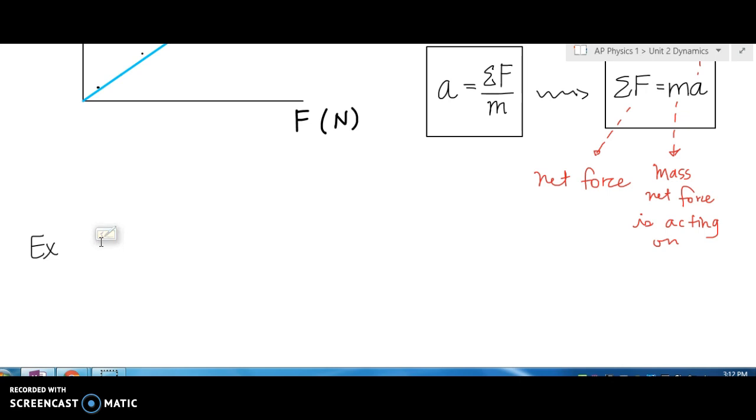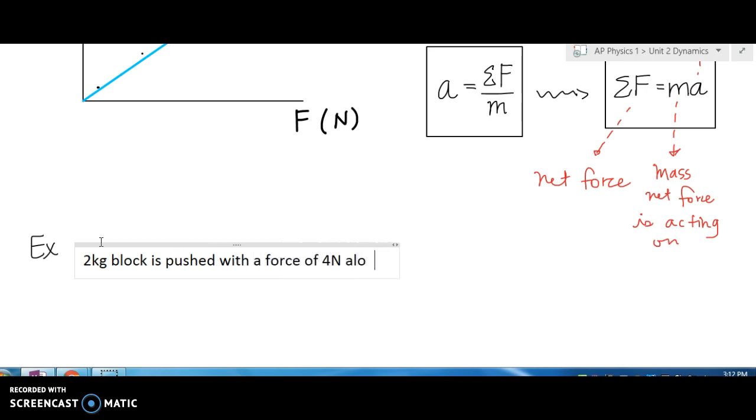Let's say we have a 2 kilogram block that is pushed with a force of 4 newtons along a flat surface with a coefficient of friction of 0.1.